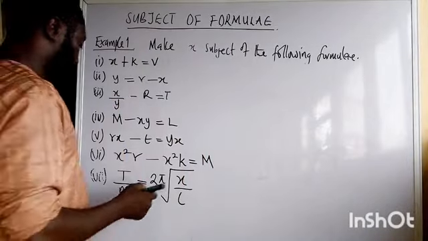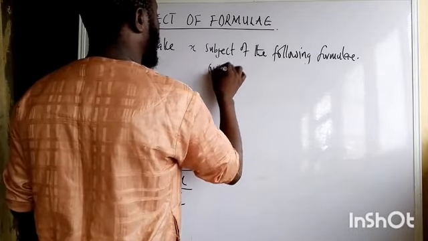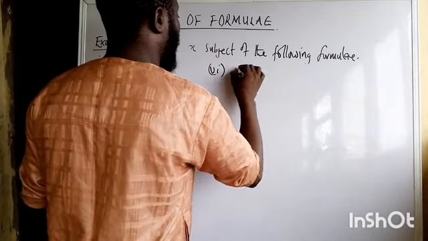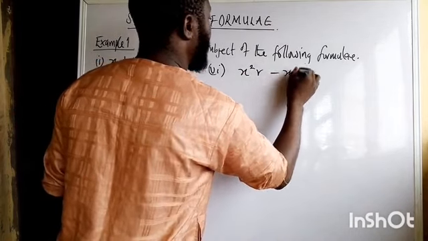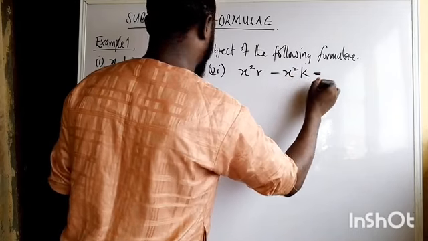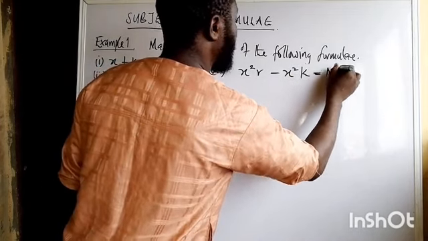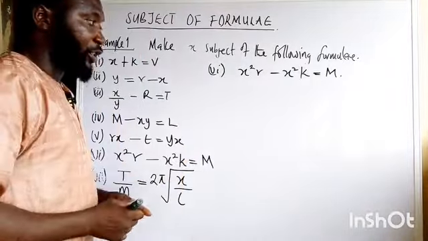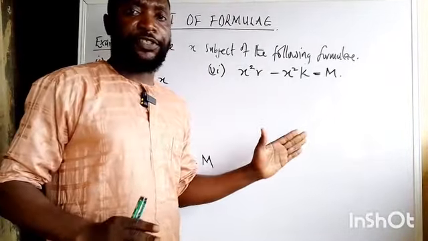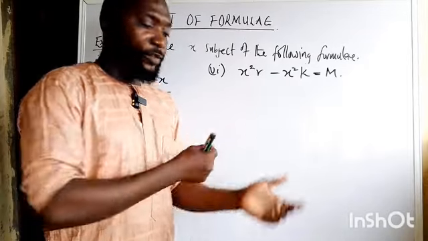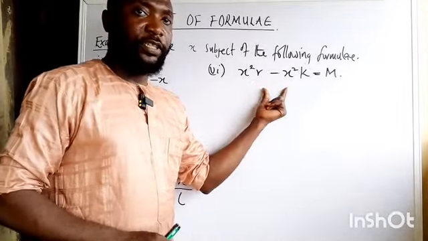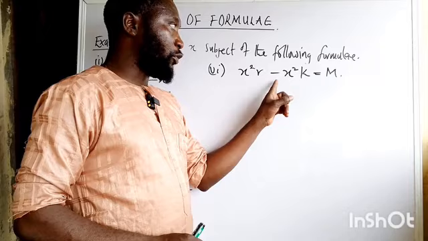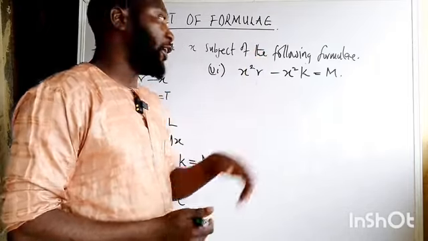Okay, now question number 6. We have a x squared r minus x squared k equals m. In this question, we want to learn two different things: how to factorize, which is similar to the previous example, then how do we make x subject when there is a power.